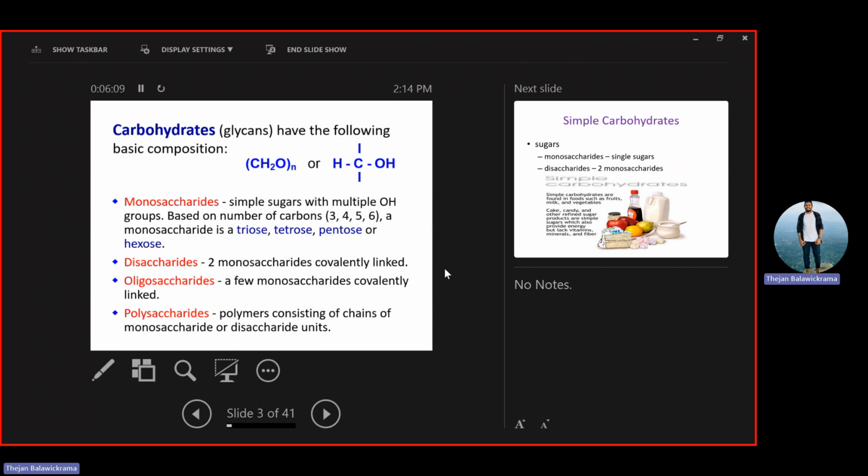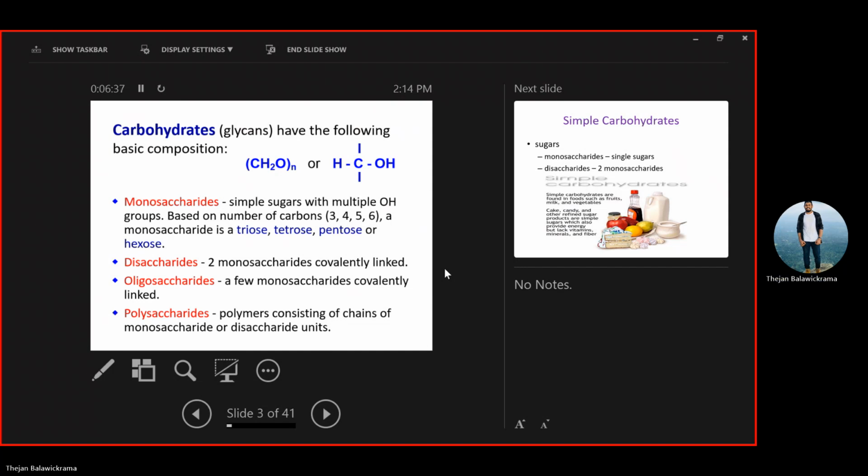If somebody asks, what is a monosaccharide? It's the simplest form of carbohydrate. There's nothing simpler than that. If we further break it into something else, then it's not a carbohydrate anymore. For something to be called a carbohydrate, it can't be simpler than a monosaccharide. The simplest version is the monosaccharide.